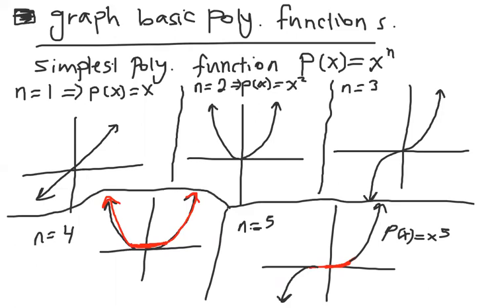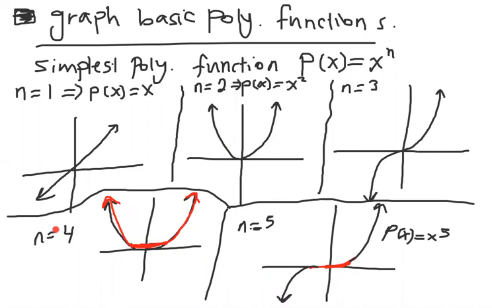From these graphs, n equals 1, 2, 3, 4, 5, we can see all the polynomial functions x to the n, where n is even, like 2 and 4, are similar to each other. It looks like the same graph. Look here, x to the 2, and here, x to the 4. They look similar.